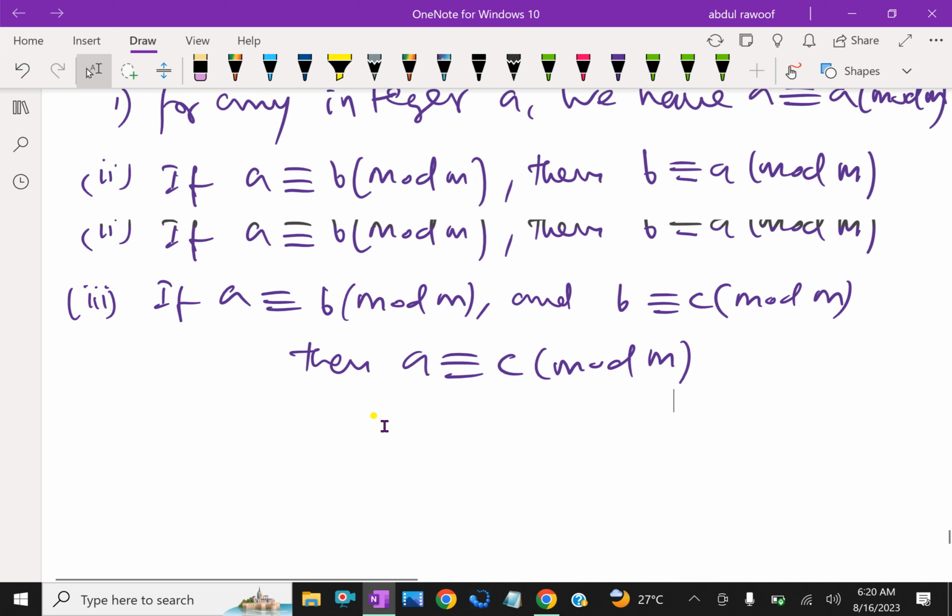Now, some residue classes modulo m, for example, m equal to 6.